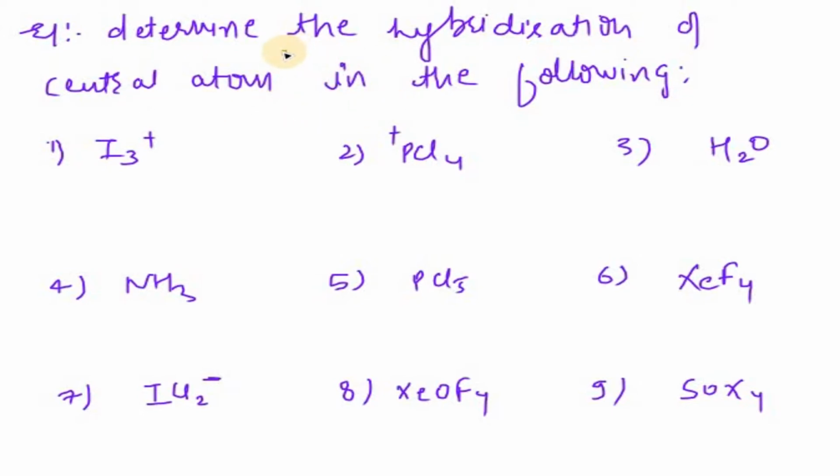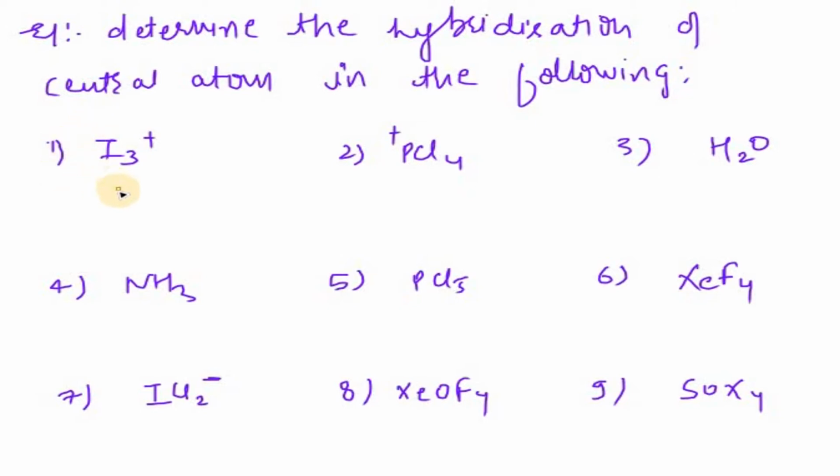Whenever it asks for the hybridization without mentioning the atom, we have to assume we calculate the hybridization of the central atom itself. I'd appreciate it if you pause this video, write down these examples and try to answer by yourself what the possible hybridization of these compounds could be.